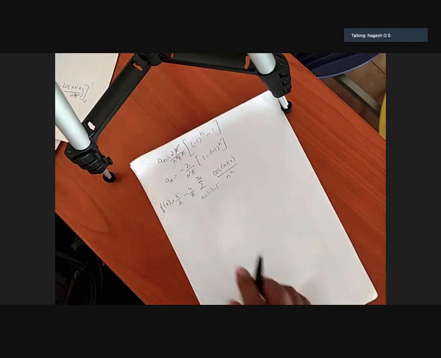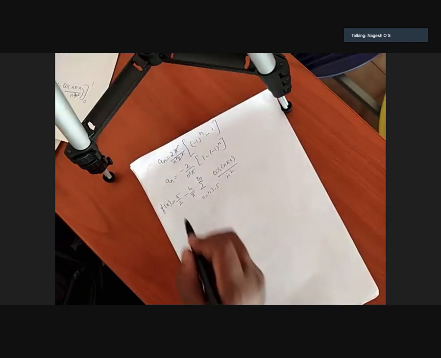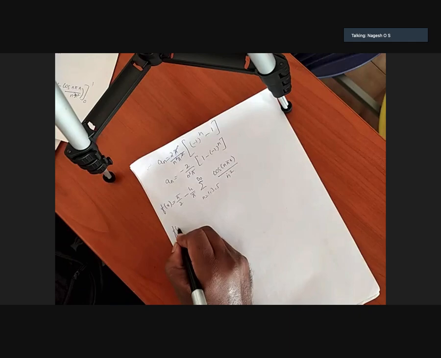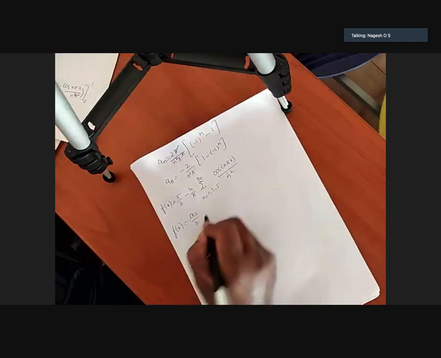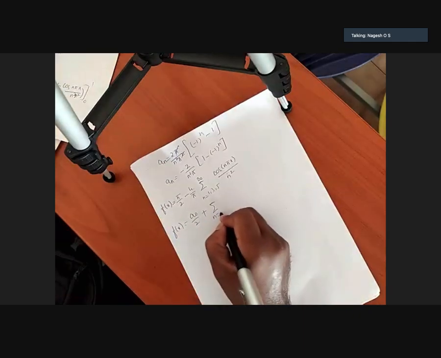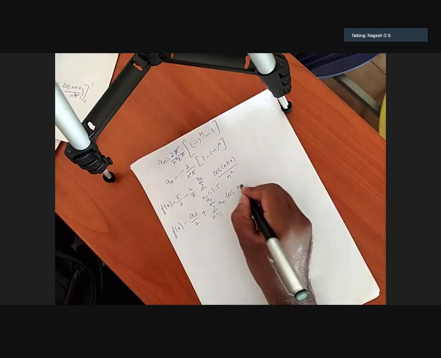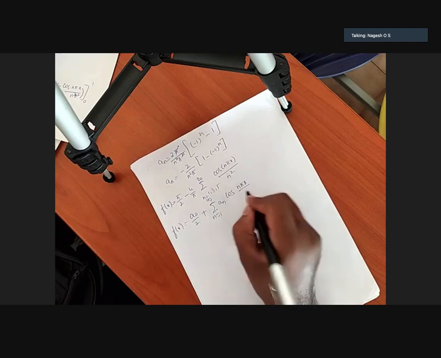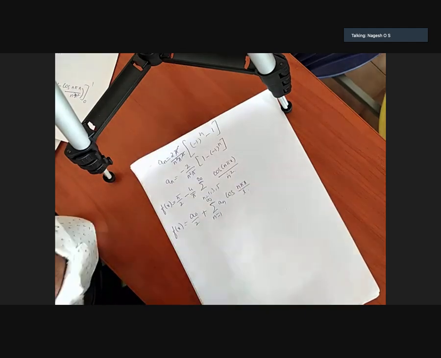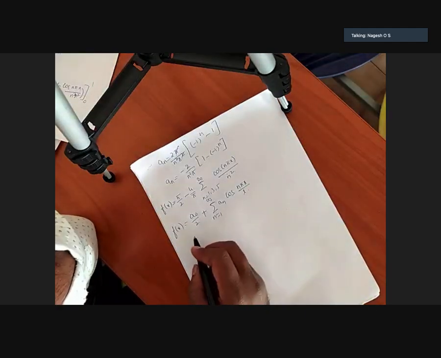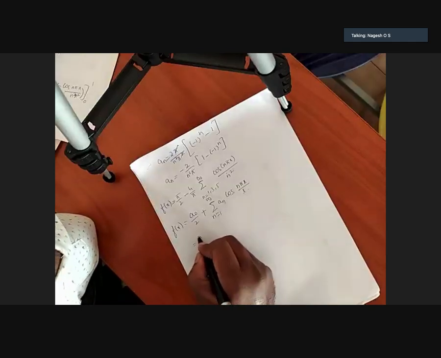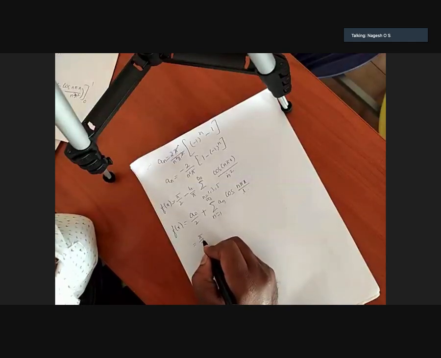Or I will write that also. There will not be any confusion. F of x equal to a naught by 2 plus summation n equal to 1 to infinity a n cos n pi x by L. This is actual expansion. A naught value is pi. So this is pi by 2.